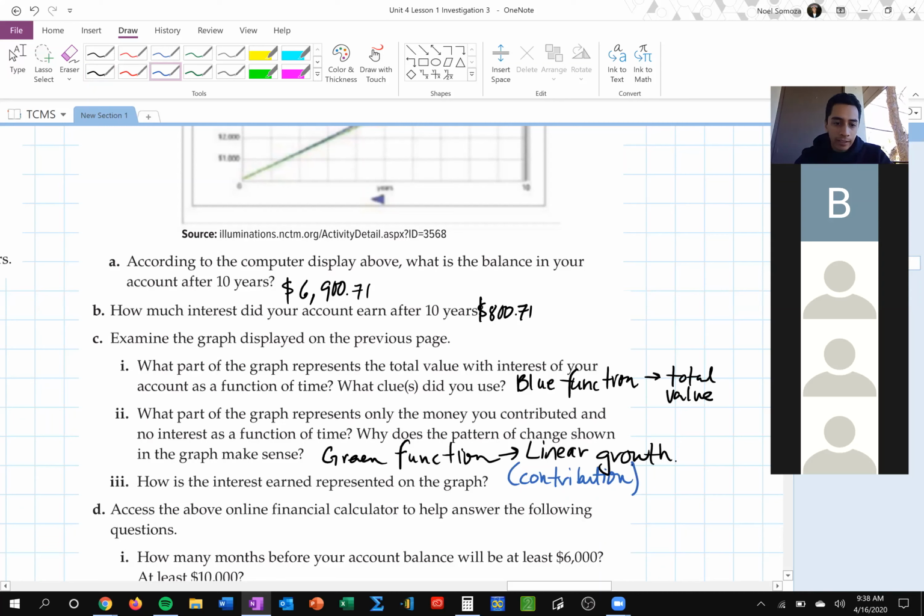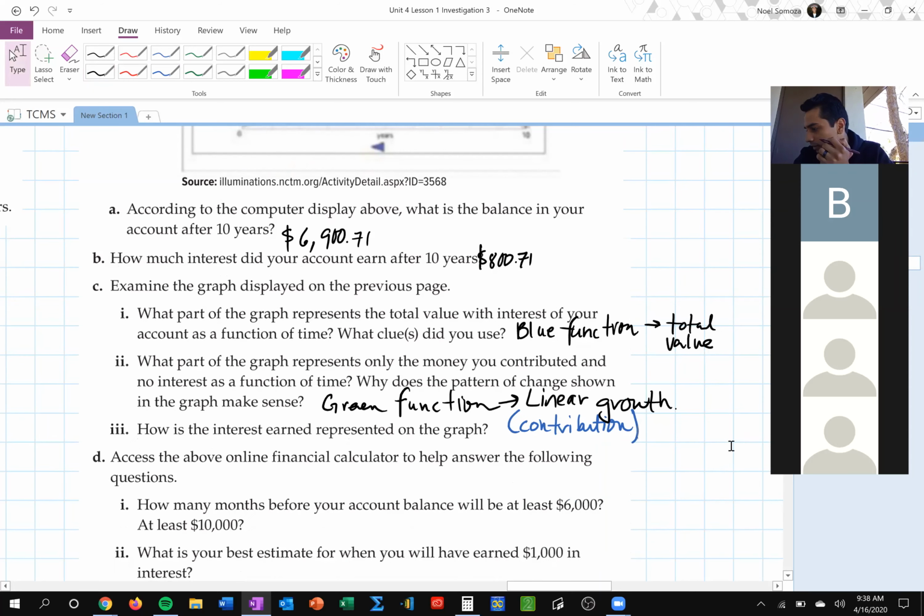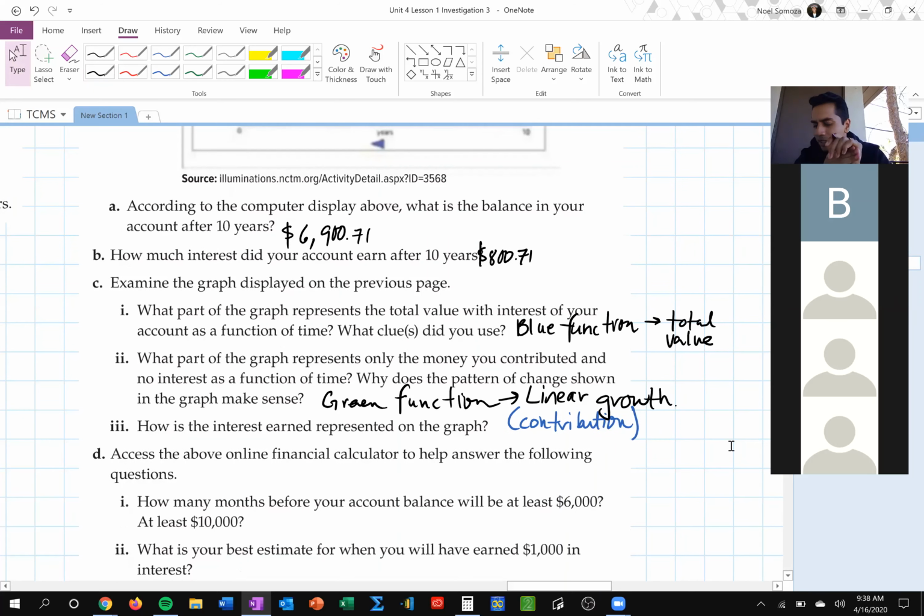Okay, and then the last part, it's asking how is the interest earned represented on the graph? What could we say in regards to that question? Where is the interest that you're earning? Where does that show up? What are your thoughts?